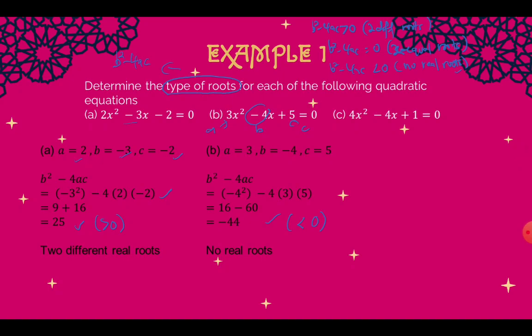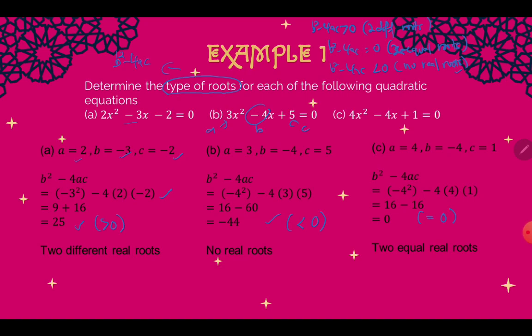Okay, how about the last one? For the last one, the discriminant is equal to 0. So when the discriminant equals 0, the type of root is two equal roots. As simple as that.